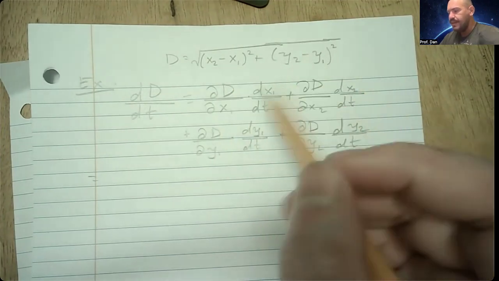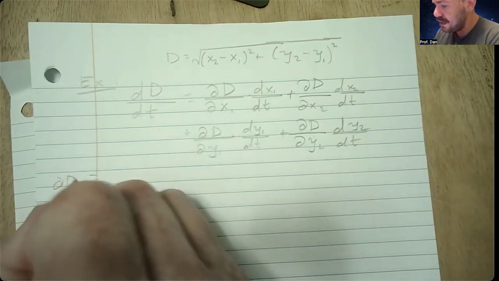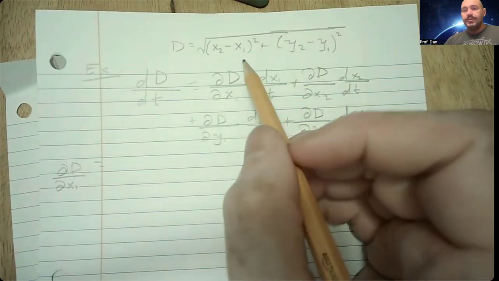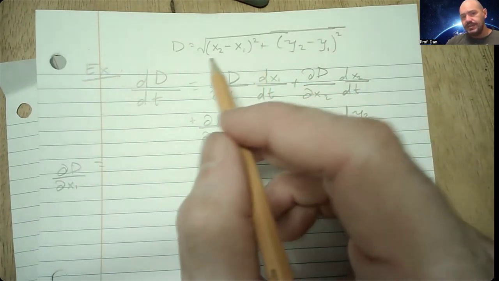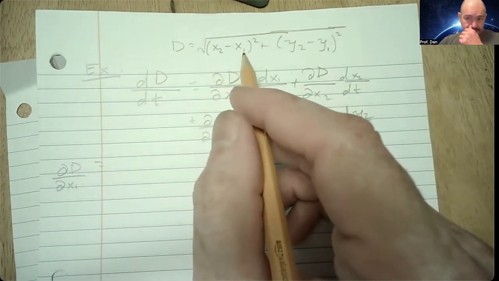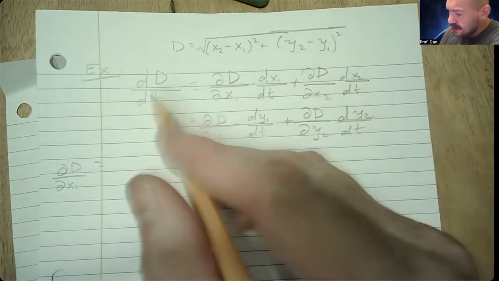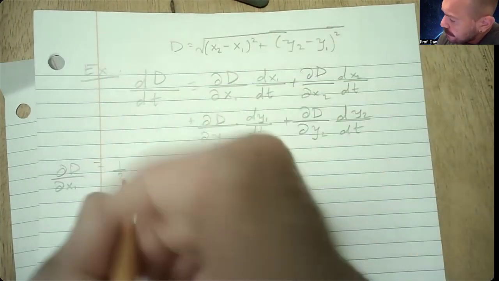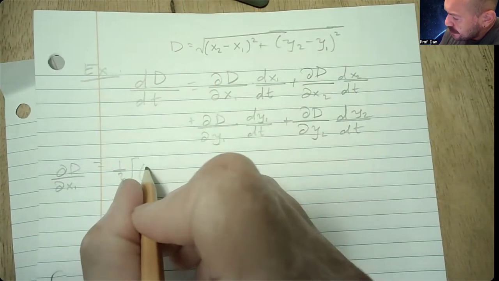Okay, so now that we've written all that out, let's take a look at these different derivatives. First one, this partial derivative with respect to x1. Remember, that just means that x1 is the only thing that is actually a variable here. So this is kind of like if we took the square root of a number minus x squared plus a number. We would start off with our regular chain rule, 1/2, take the inside of your square root, does not change.